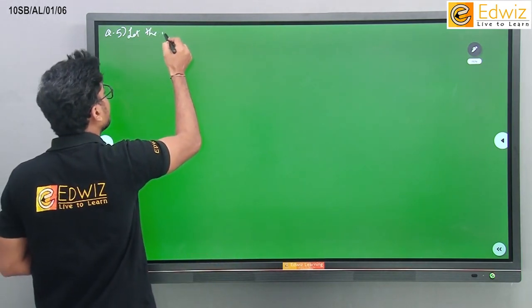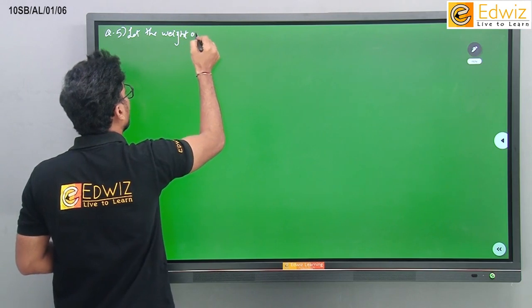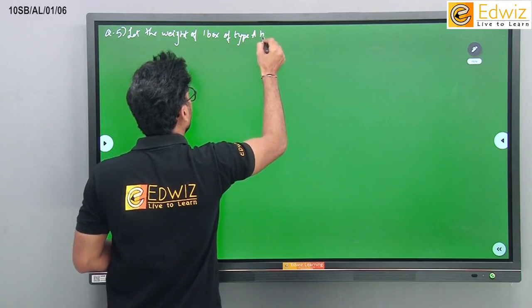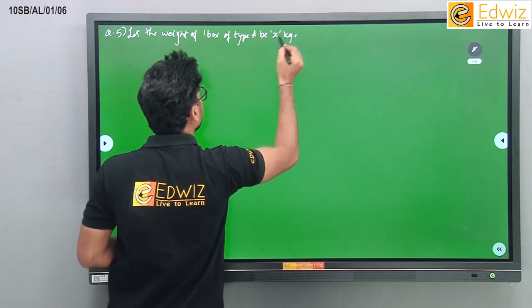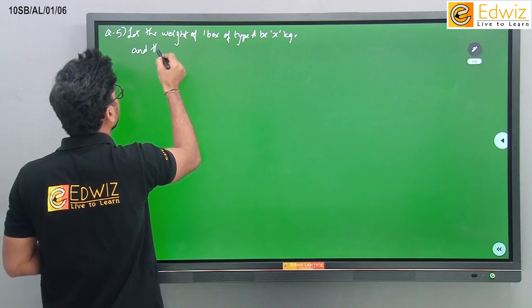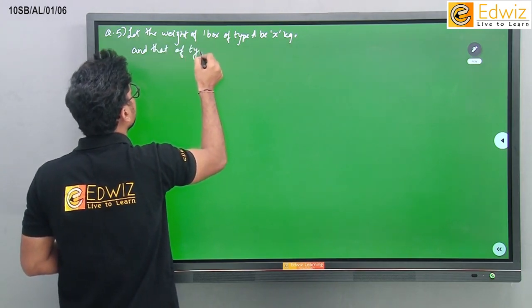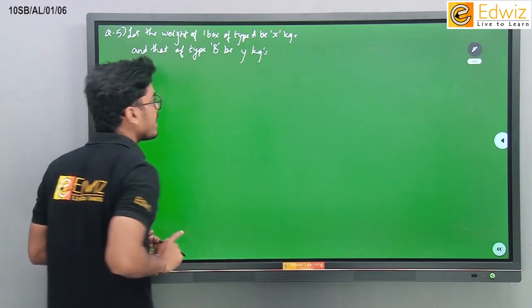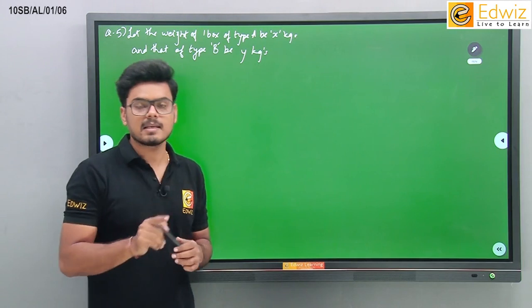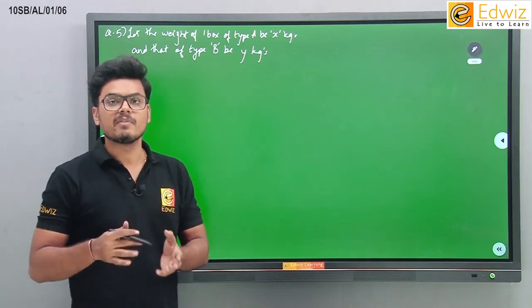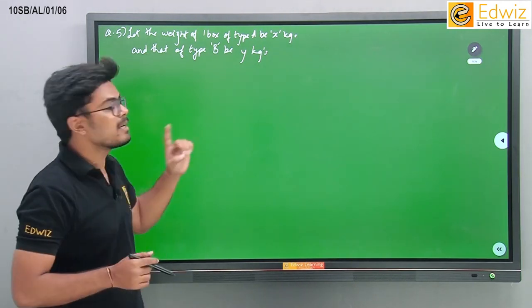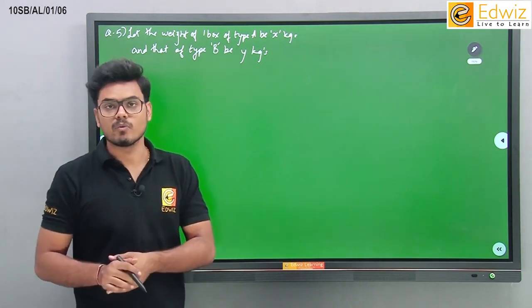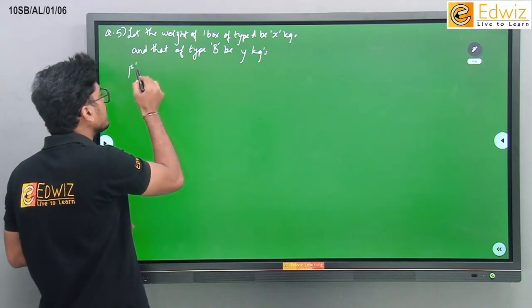Let the weight of one box of type A be x kgs and that of type B be y kgs. ठीक है, तो एक टाइप A का बॉक्स x kg का है, तो 150 कितने होंगे? 150 x kg. सिमिलरली वन बॉक्स ऑफ टाइप B weighs y kgs, so 100 बॉक्सेस का वेट कितना होगा? 100 into y. करेक्ट.